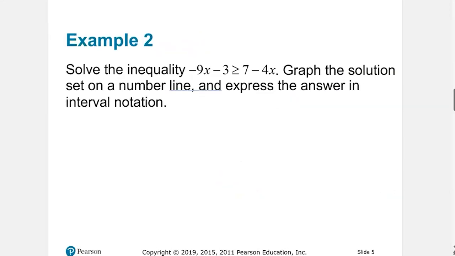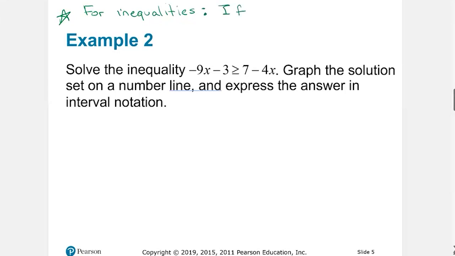Let's solve a couple. So it says solve this inequality. Basically, all you're really doing is solving it like it's an equal sign. The only difference with inequality, and this is really important, is that for inequalities there's one big difference.